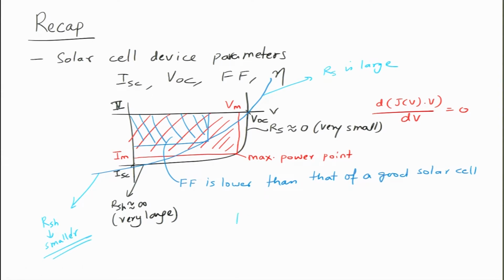Efficiency is given as VM IM divided by P in, the incident power. You can write this in terms of energy or power. VM IM is the extracted energy out of a solar cell, and this is the incident energy.